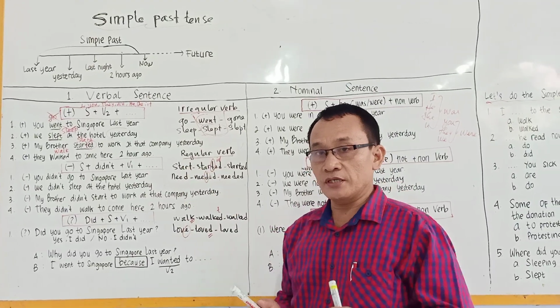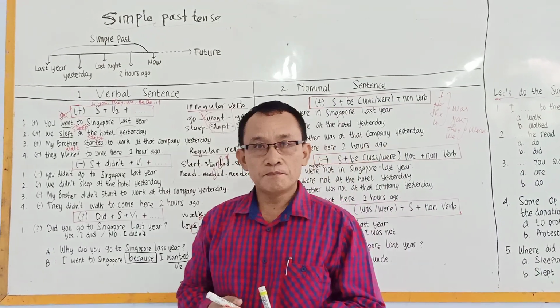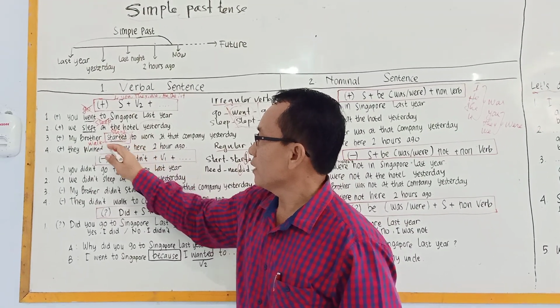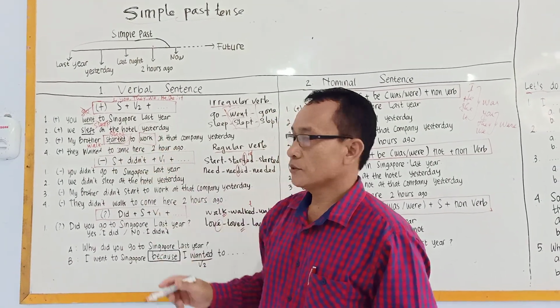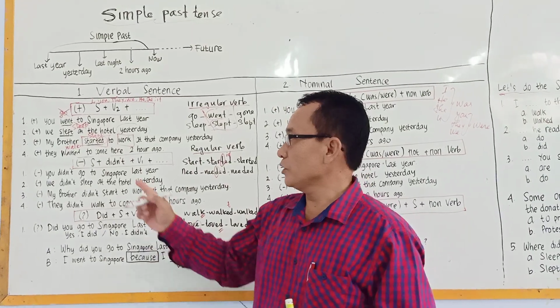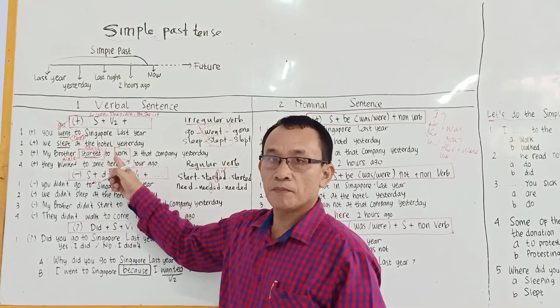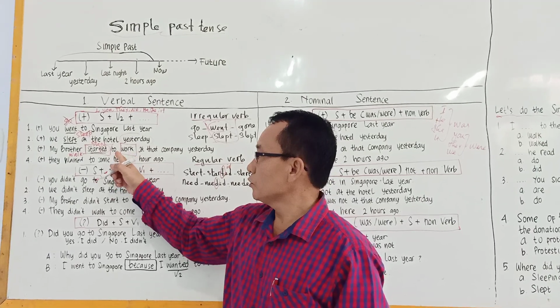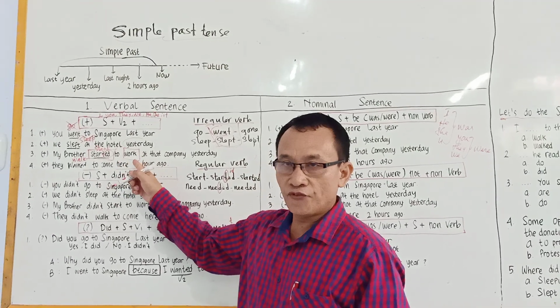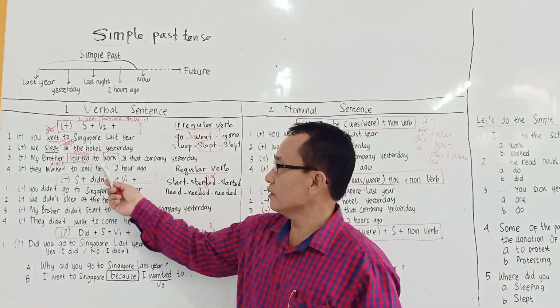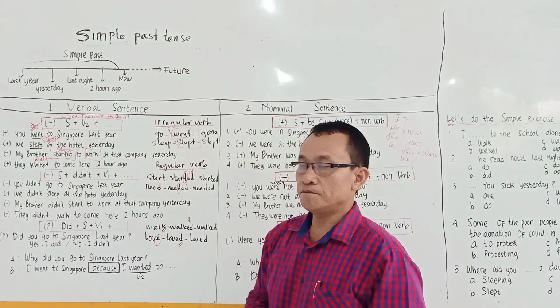My brother started to work at the company yesterday. Be careful, students. There are 2 verbs here. Start and work. The first verb you can use verb 2, and the second verb is to plus infinitive, or to plus base form. My brother started to work at the company.